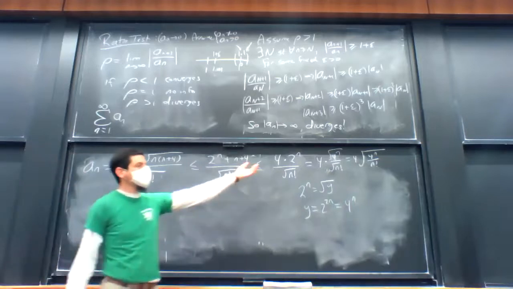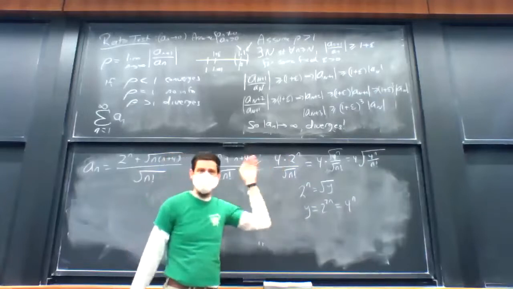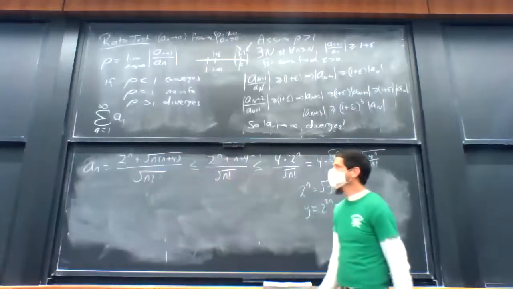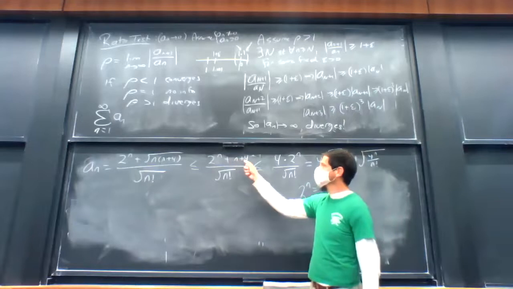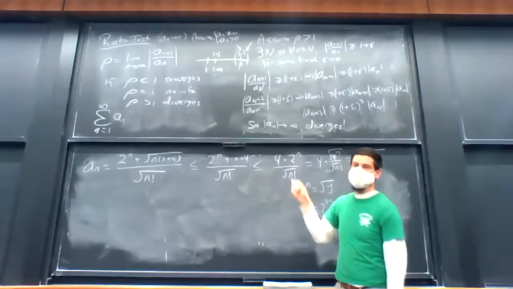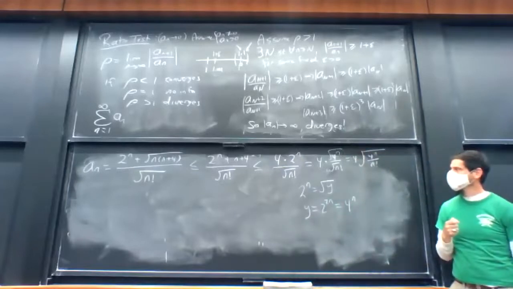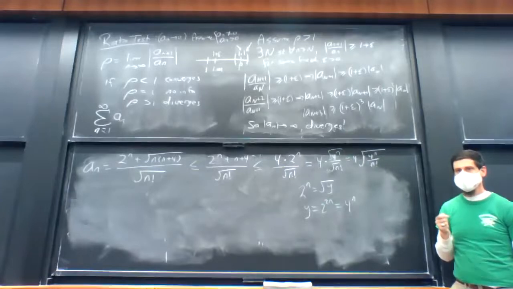I don't care what constant I put in here, that's not going to fundamentally change anything. So I just put in something so I'm safe. And now I know 2 to the n plus n plus 4 is always going to be less than or equal to 4 times 2 to the n. And so I'm fine doing that kind of simplification. Does that make sense? Thank you. Good.